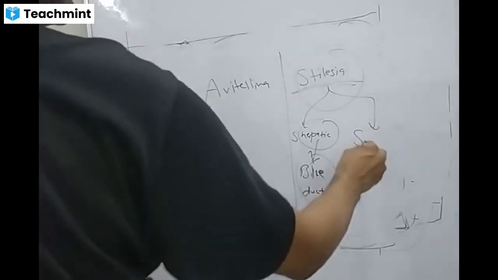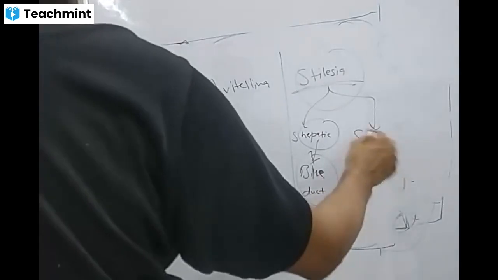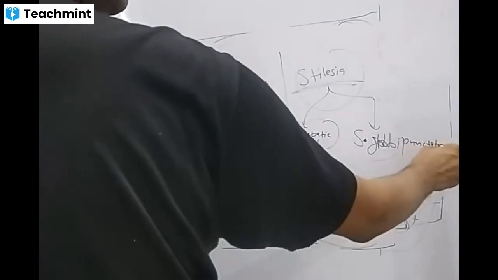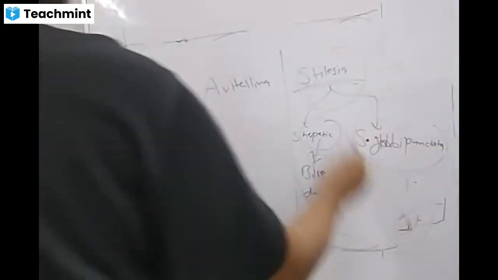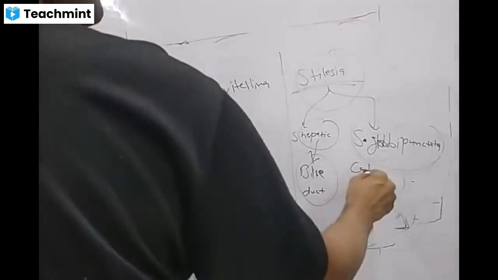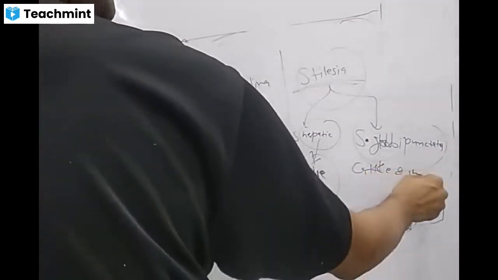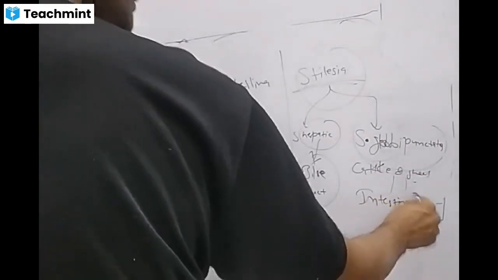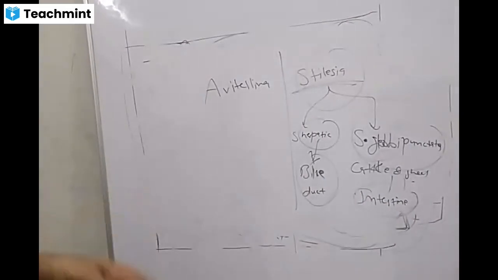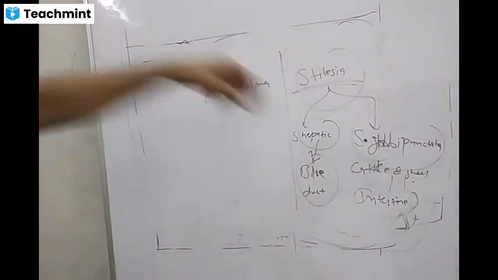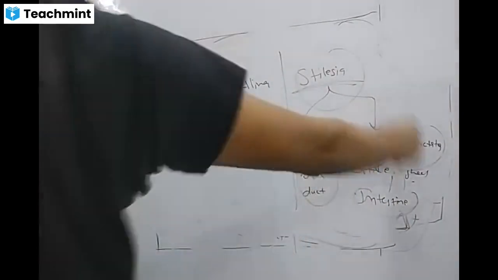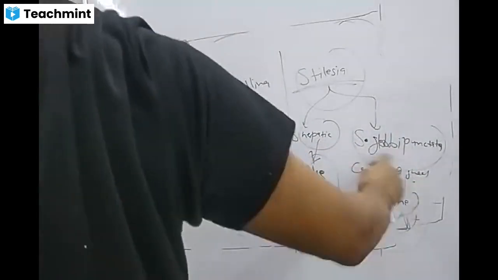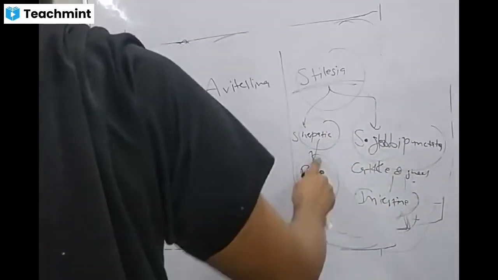But in 2018 the question was: which of the following species of Stilesia affects cattle and sheep intestine? The answer was Stilesia globipunctata, because this parasite is present in the intestine and causes enteritis in cattle and sheep, and the other is present only in bile duct.